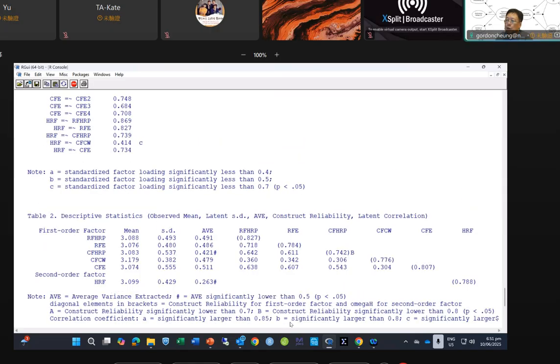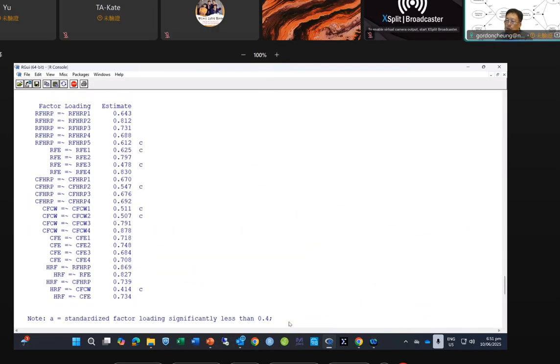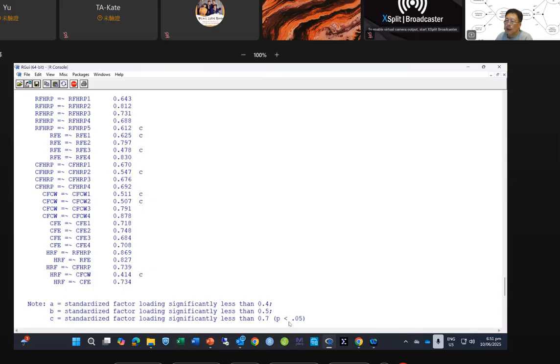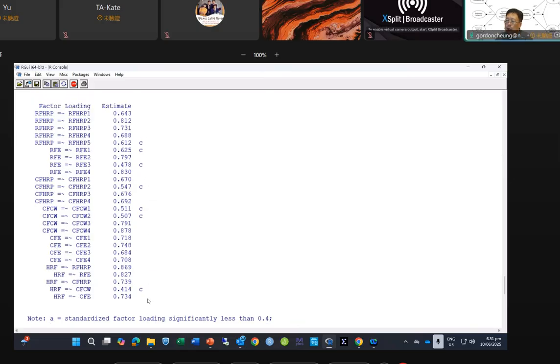The next thing is we will look at the convergent validity. Now you can see that we have more items with subscript C. That means the items have standardized factor loadings lower than 0.7. Well, since they are not lower than 0.5, these are only minor concerns.